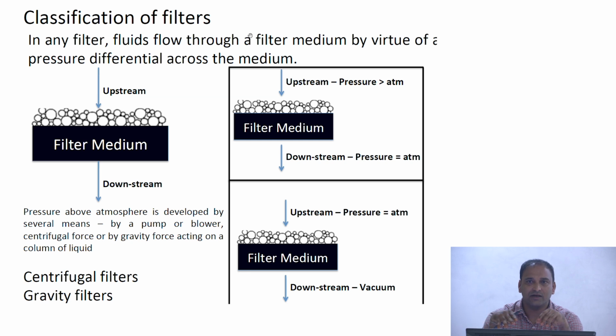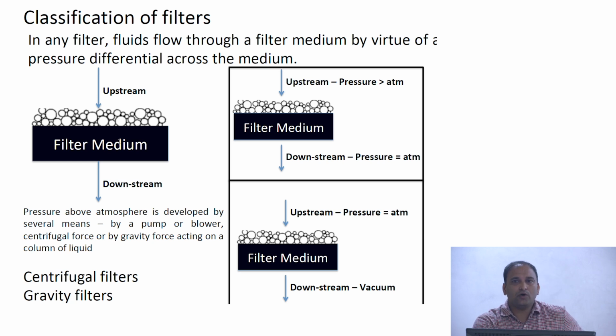Similarly in filtration, because you would like to have the fluid flow across the filter medium, I would have to maintain a pressure difference across it. And so you can talk about what is called the upstream and the downstream, and that's your filter medium. And of course the solids get deposited on the filter medium.